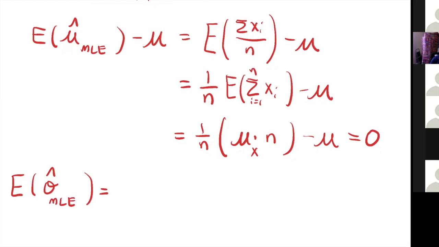It's a more complicated check, but we could do the same sort of thing for the estimator for the variance. So let's not think about standard deviations, but let's see, is the estimator for the variance unbiased?